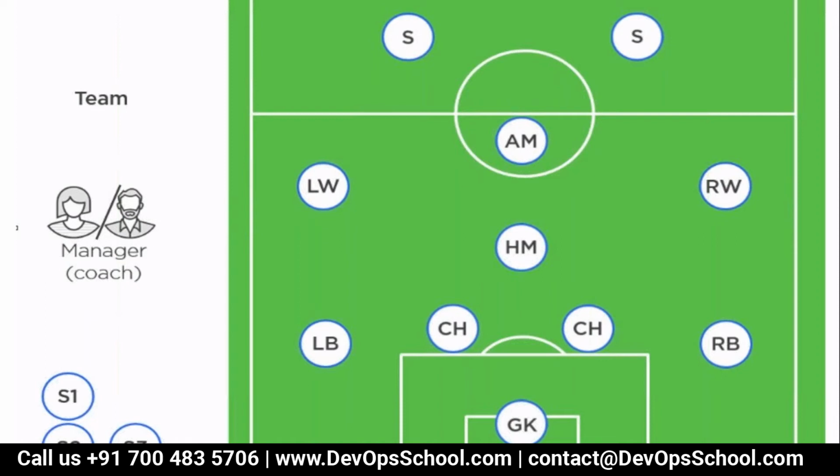The remaining people are just coordinating. Remember, each player has certain qualities, and all these players work together to make a goal. Now you must be wondering why we are discussing this. Remember, I said Kubernetes is an orchestrator for microservices.